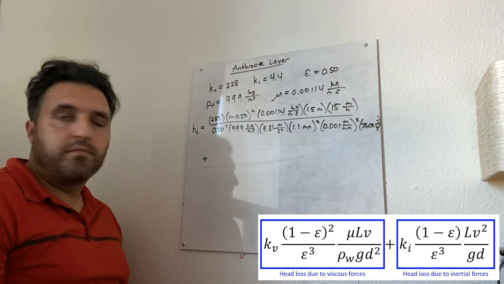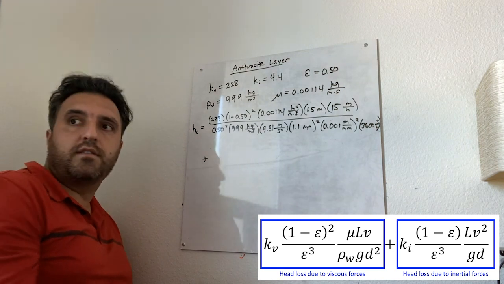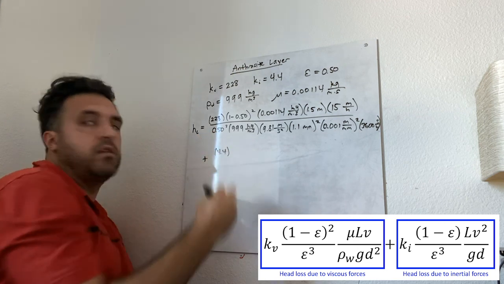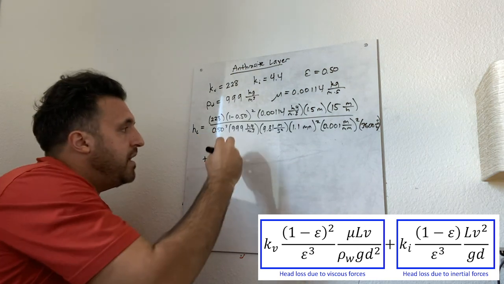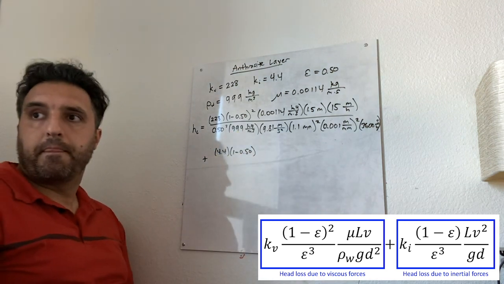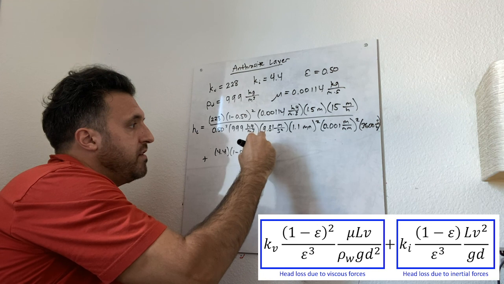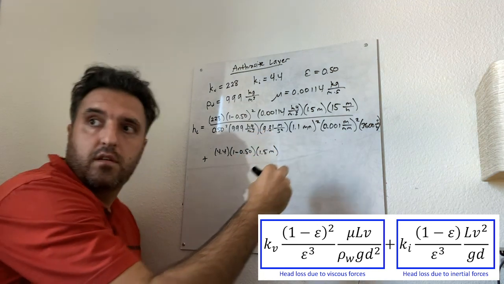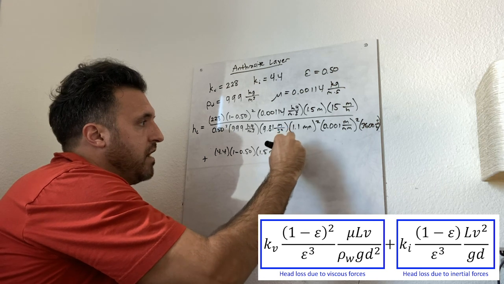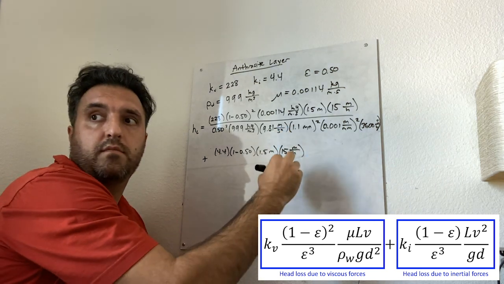The second term then, due to the inertial forces, is equal to 4.4 multiplied by 1 minus 0.50 multiplied by 1.5 meters, then 15 meters per hour. That's going to be squared.